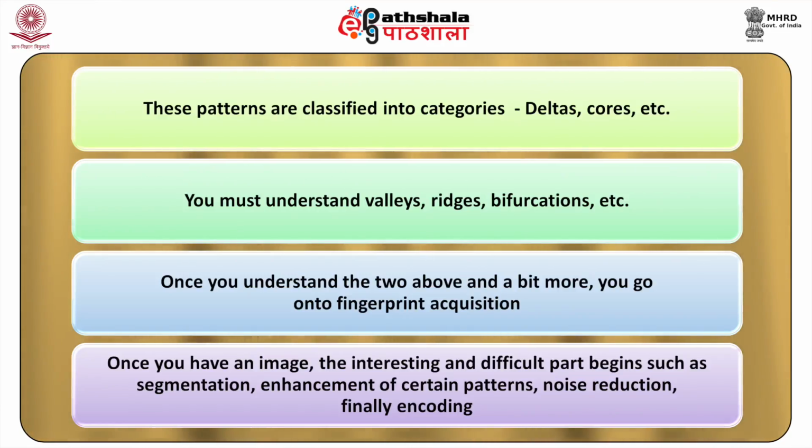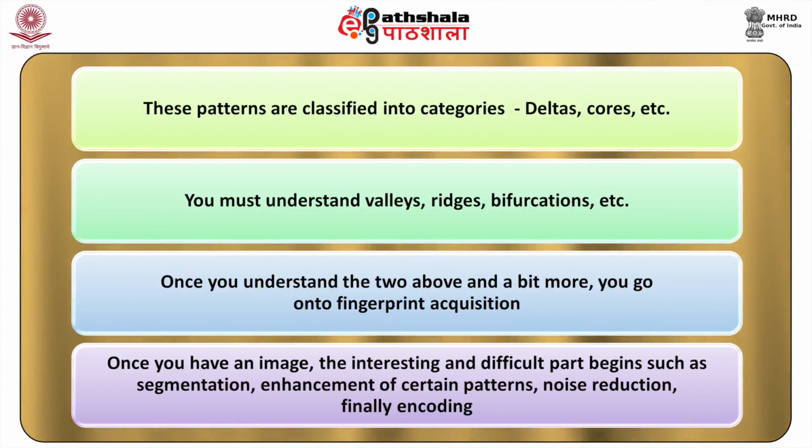These patterns are classified into categories such as deltas, cores, etc. You must understand what valleys, ridges, bifurcations, etc. are. Once you understand these things and a bit more, you go on to the fingerprint acquisition step.